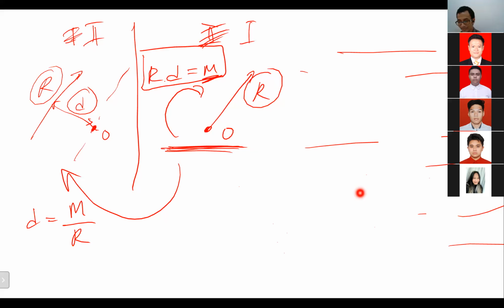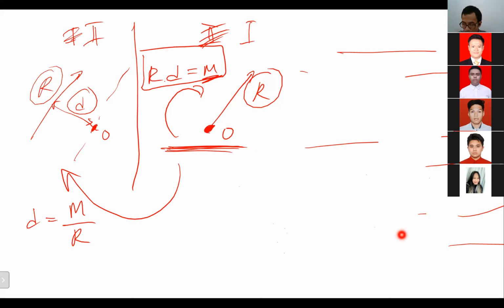Right? Do you get it, guys? So now we can represent a couple as just one force at a certain distance from the original position. The original position is O here.